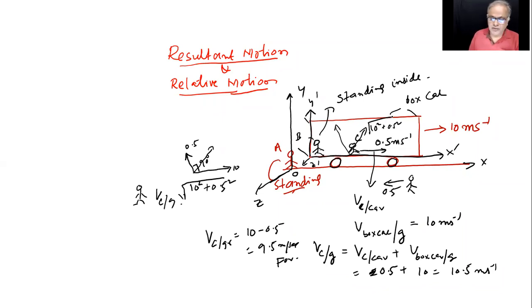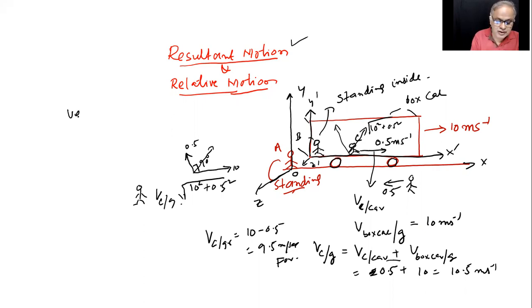Now this motion, velocity of C with respect to ground, will be called the resultant motion. And in general, we'll write it as a vector sum. Here we added, here we subtracted, here we put the Pythagoras theorem, isn't it? So in general, we'll be using the cosine rule. You understand my point?